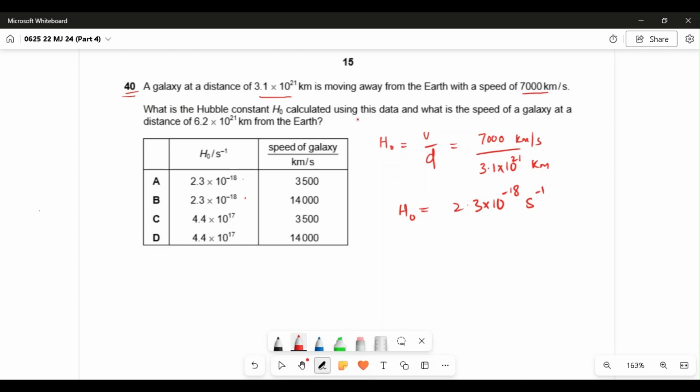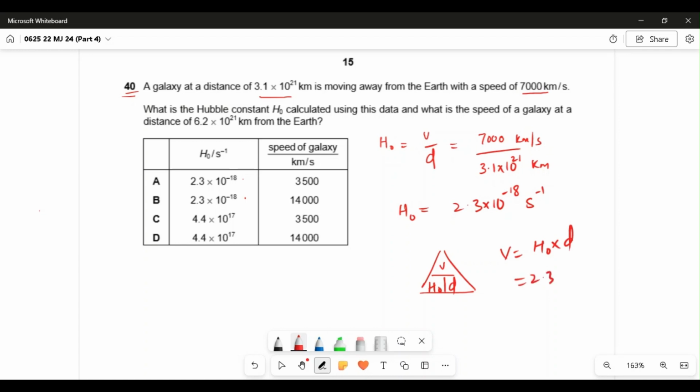Now, using this data, what is the speed of a galaxy at this distance? You have to find the speed. Let me remind you, the Hubble constant is speed over distance. So if you need to find the speed, it will be the Hubble constant times distance.